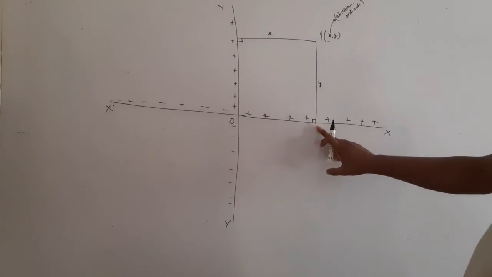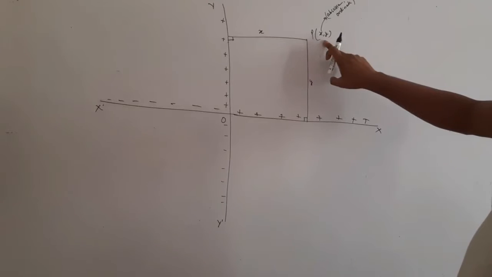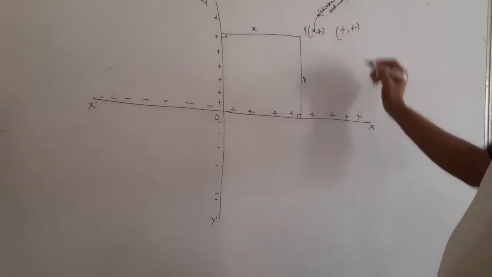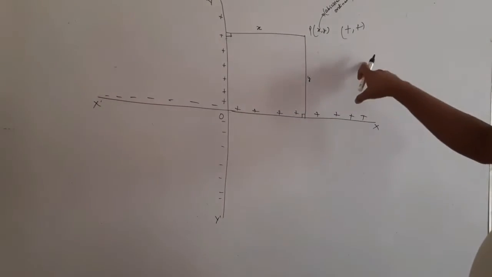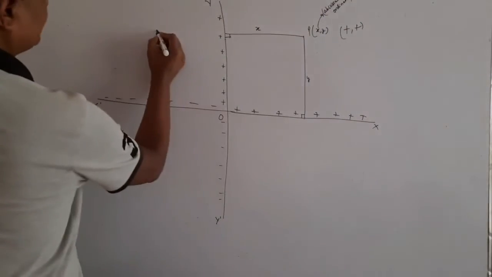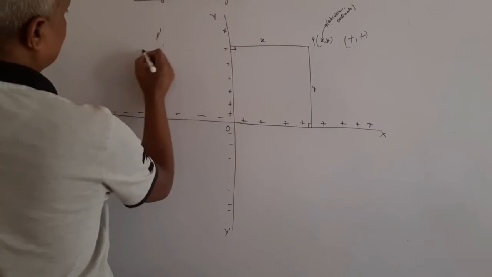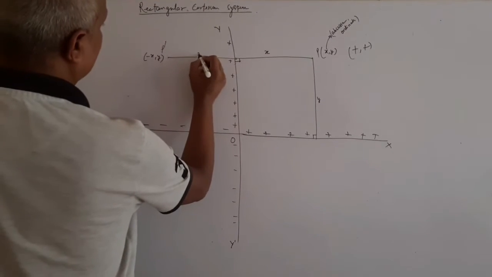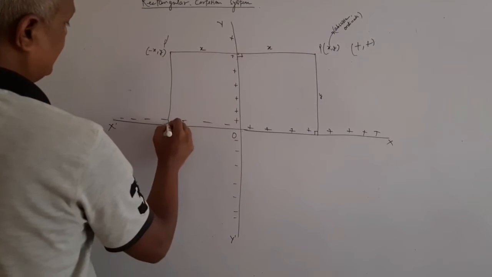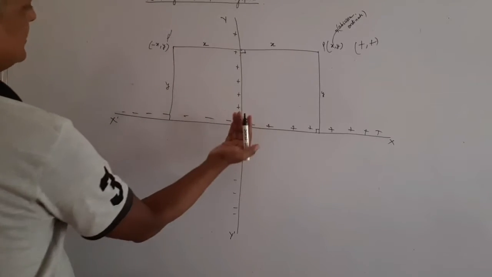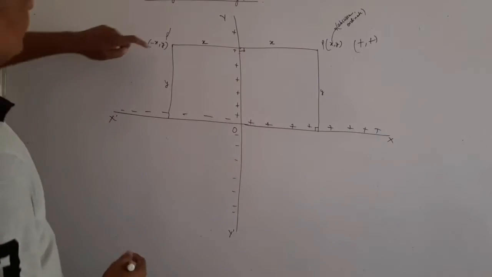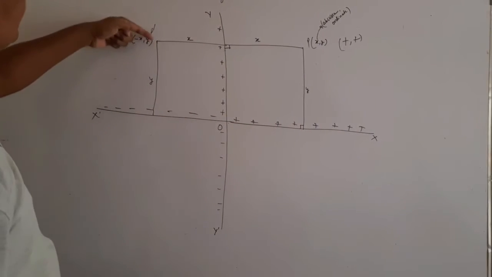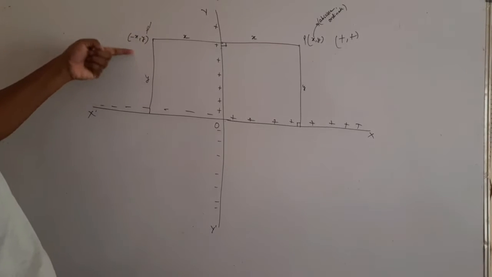Now here you find the coordinates are positive, positive. So this is the first quadrant. If a point is in the second quadrant, say P dash, then its coordinate will be minus x, y. Because we are on the left side, this distance is negative, and because we are upward, y is positive.